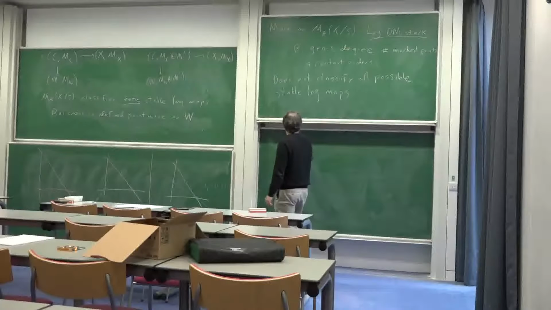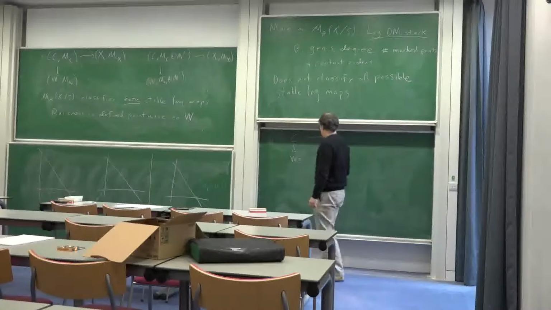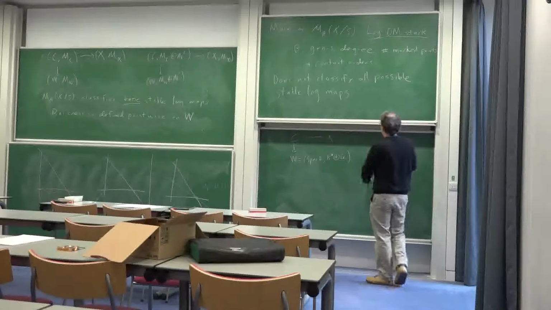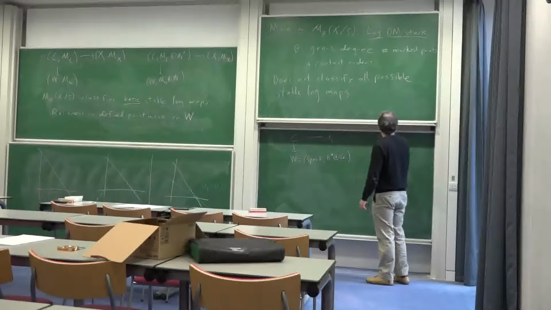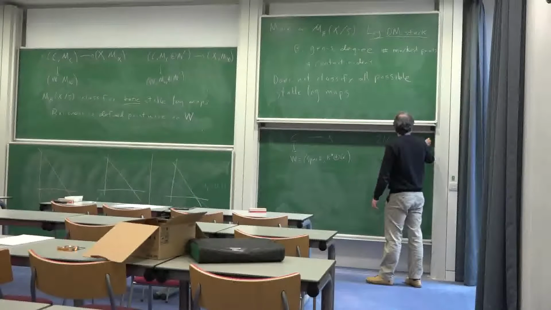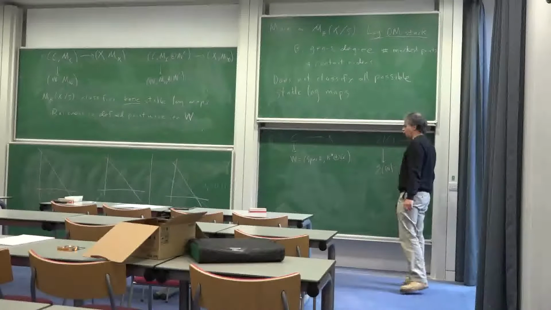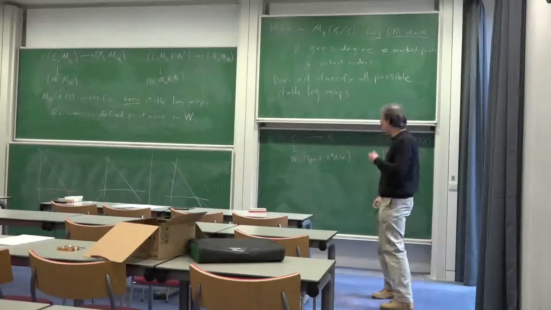So if you have a stable family here with W being Spec K with a monoid Q, then I can tropicalize. Last time I showed you how we can make sigma of C to sigma of X, and we have sigma of W, which was what I was calling sigma sub Q last lecture.